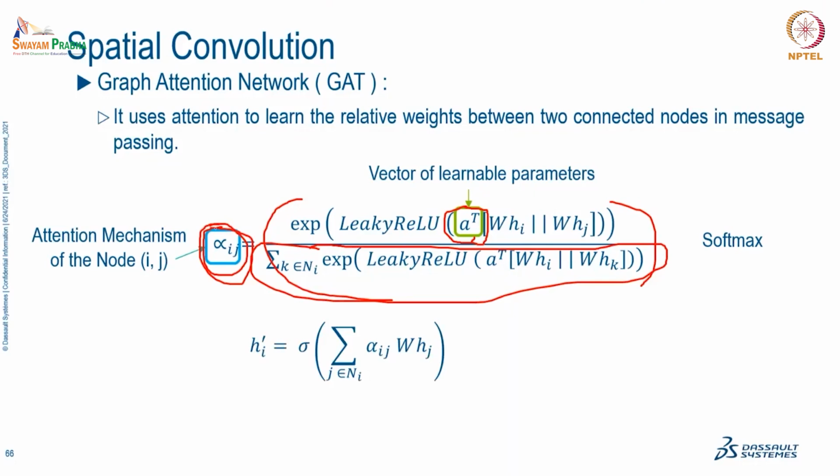Once we get this attention coefficient, we do an additional multiplication along with the weights, and this is the signal of the jth node, to calculate the signal of the ith node. And this can again go through an activation function, which can be ReLU, sigmoid, or anything like that.